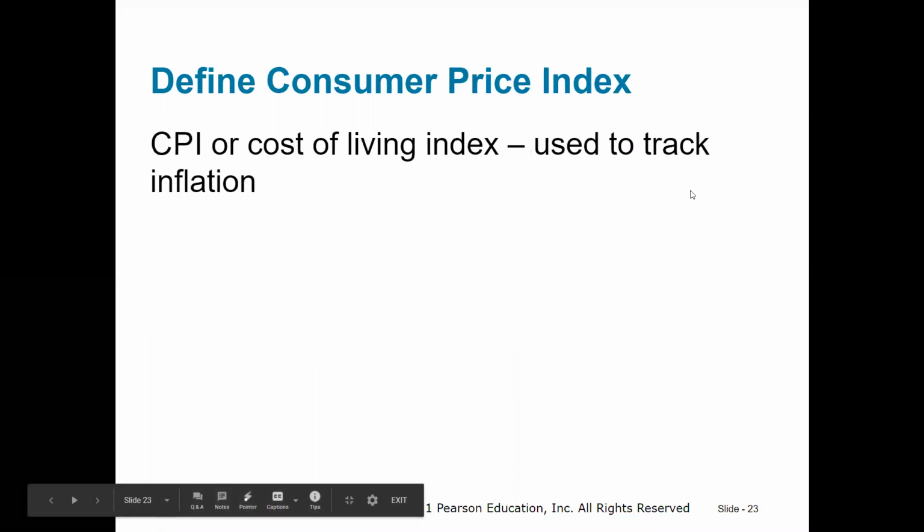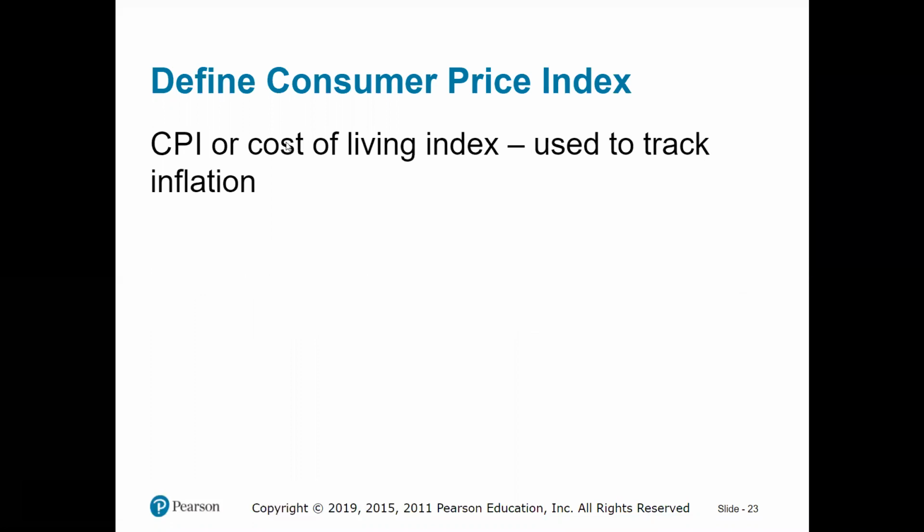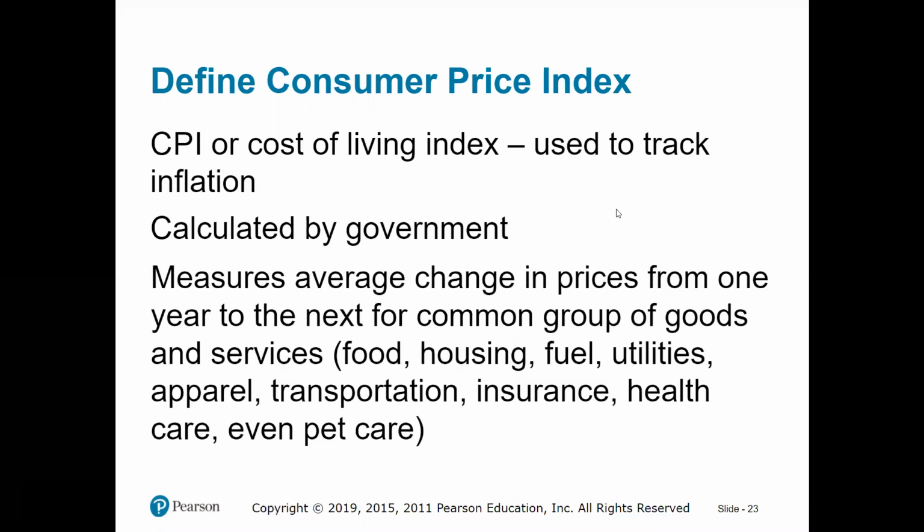Consumer Price Index, or CPI, also known as the Cost of Living Index, is used to track inflation. It's calculated by the government and measures the average change in prices from one year to the next for common groups of goods and services: food, housing, fuel, utilities, apparel, transportation, insurance, healthcare, and sometimes pet care.